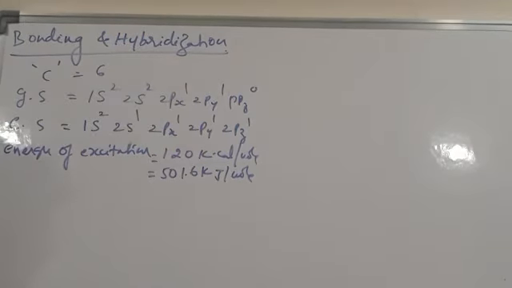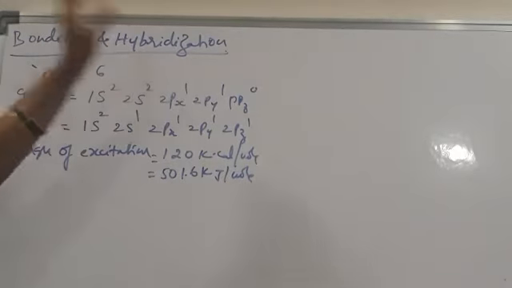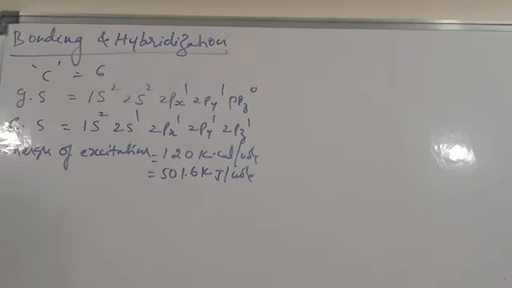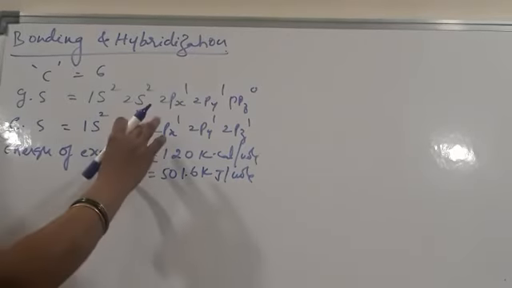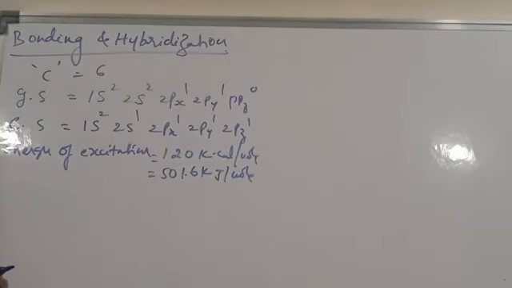So, bonding in hydrocarbons or organic compounds is explained with electronic configuration and also hybridization.